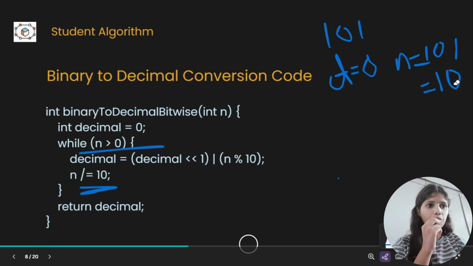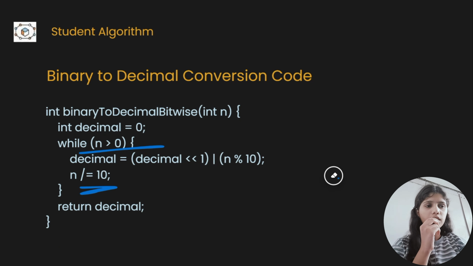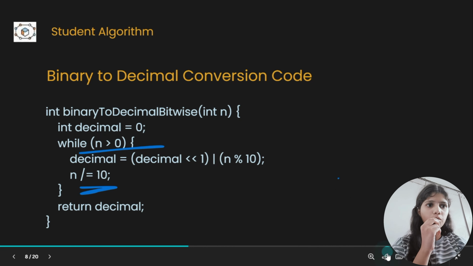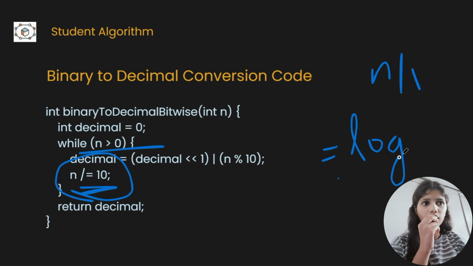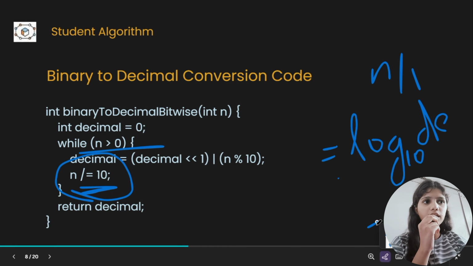Now what is the time complexity here? Inside the loop, what we are doing is dividing by 10. Every time it is divided by 10. Therefore the time complexity will be equal to log base 10 of the decimal value, which is nothing but n.